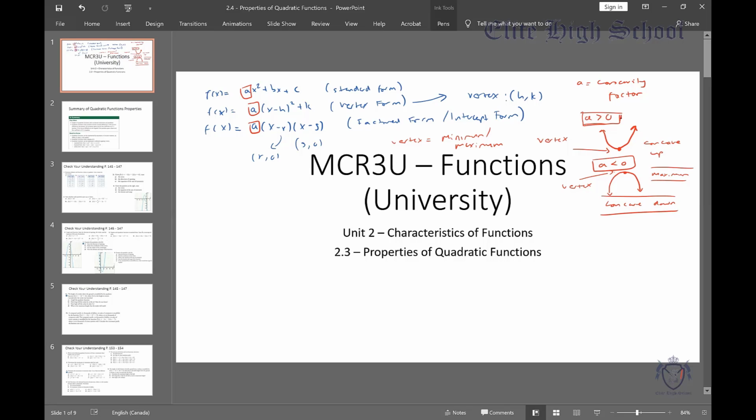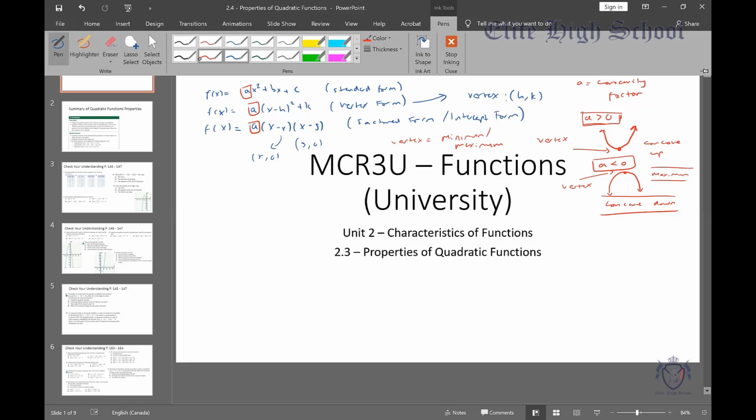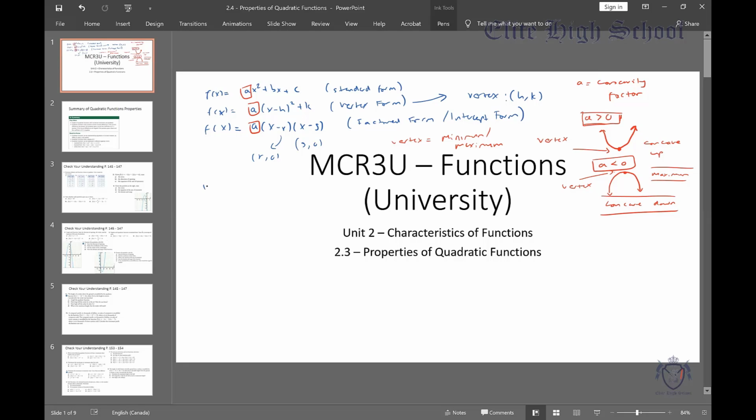Now, for each of these formats, you can find some of this information in different ways. One of the main things is you have to be able to find the vertex for each of them. For the x- and y-intercepts, it'll stay consistent. If you wanted to find the x-intercept, you let y, or f of x, equal 0, because the x-intercept is where the graph hits the x-axis.